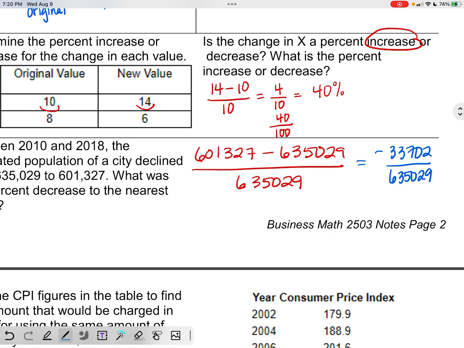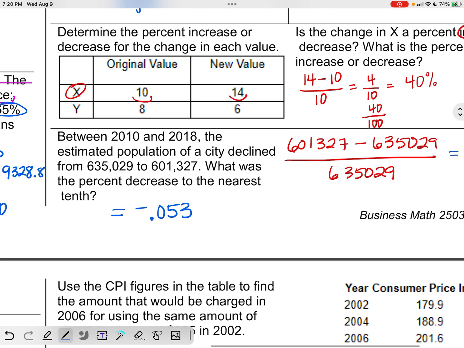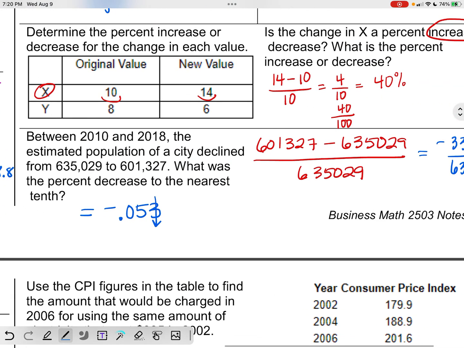Okay. That gave me, I'm going to just write on the left side, I apologize. I got a negative 0.053. And if I'm going to the nearest tenth, my 3 is less than a 5, so it's negative 0.05. Whenever you switch this to a percentage, that's negative 5% because you multiply by 100.